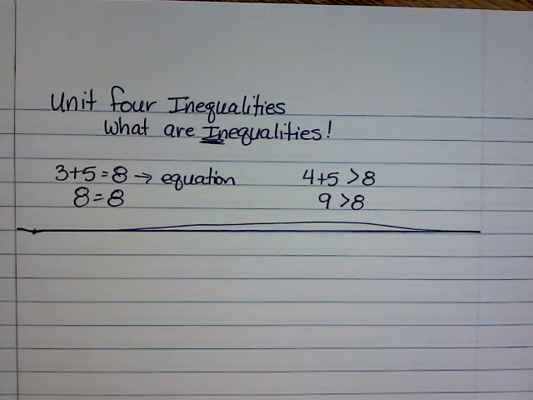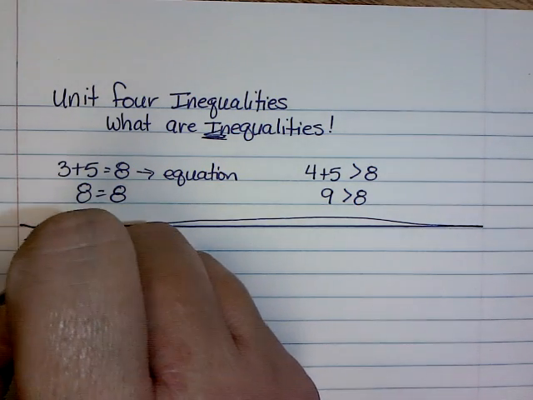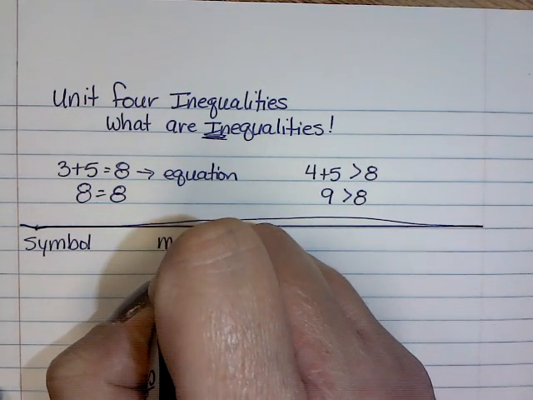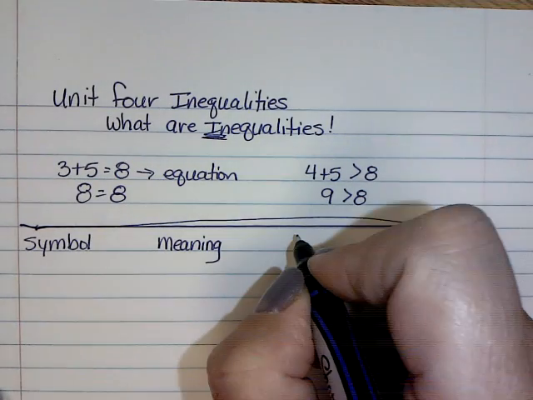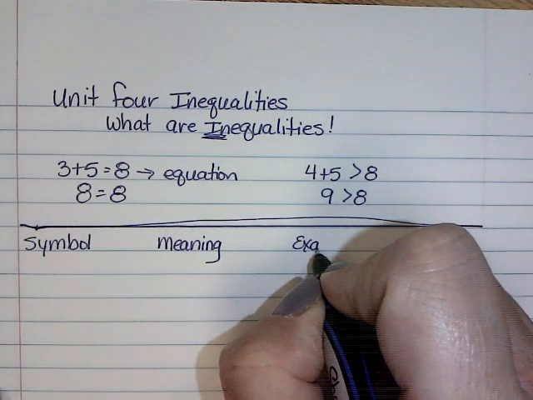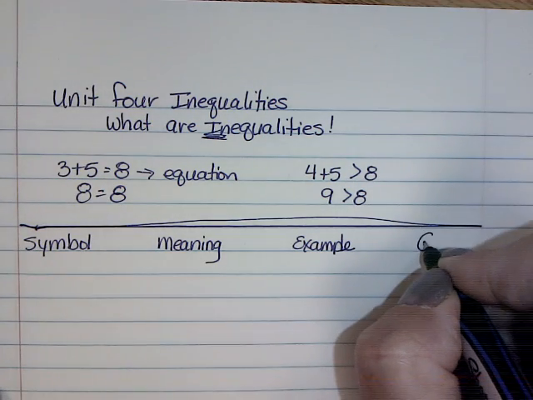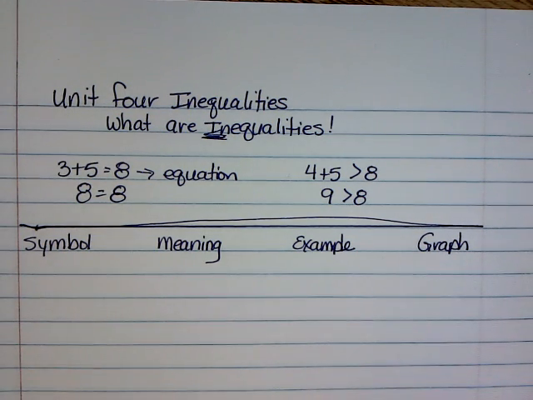I'm going to write the word symbol here, and next to that, meaning. Then I'm going to have example, and then graph. I'm going to go through several of these examples, okay?